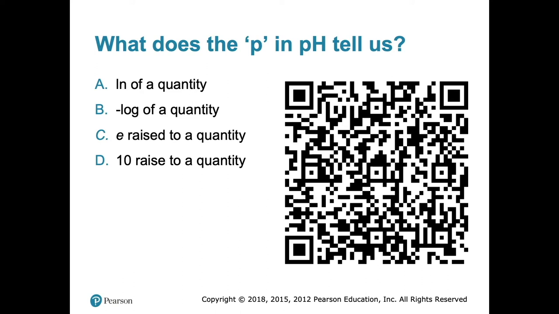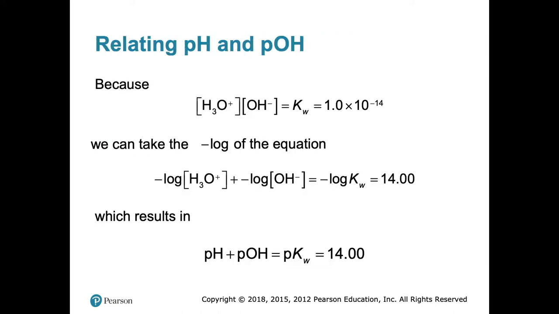That should be everybody. All right, so the vast majority of you got that question correct. The answer is, in fact, B. And the reason why it is B is because, like I said in the previous slide, the P in pH is the same thing as the negative log of something.